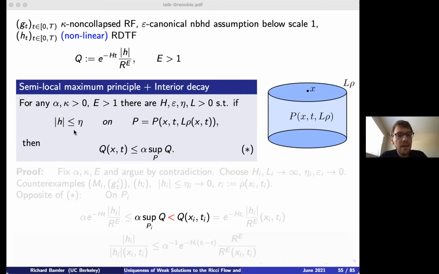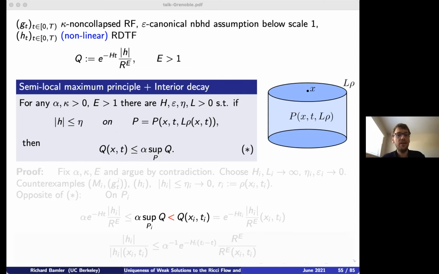Right? On the other hand, we get something that's slightly better than a maximum principle. We can really choose alpha as small as we want. So we really get some interior decay. So if you're really far away from any boundary, we really know that Q is very, very small at x compared to its surroundings.